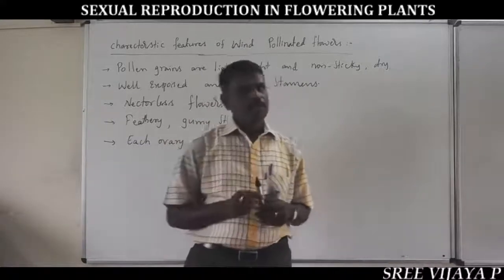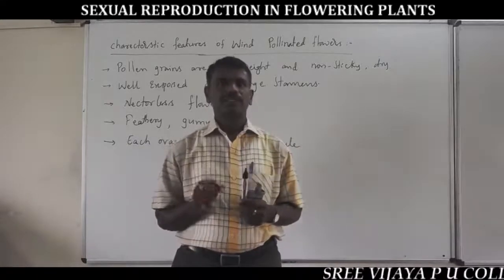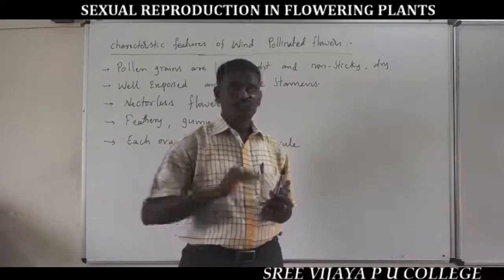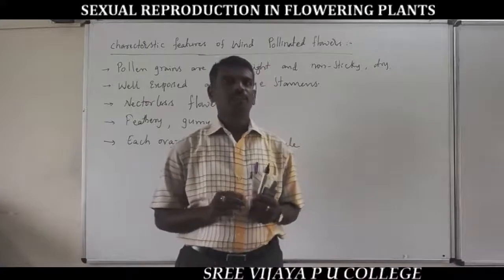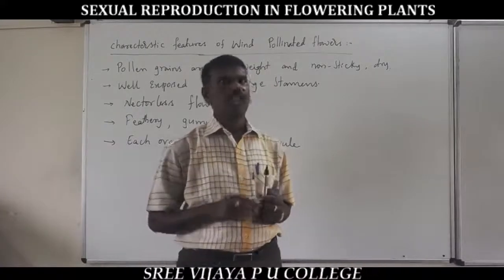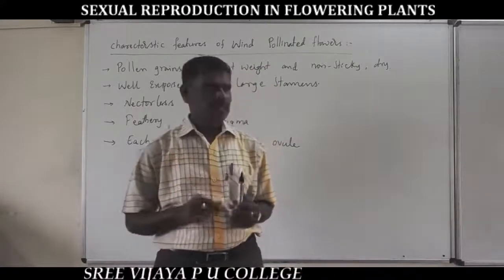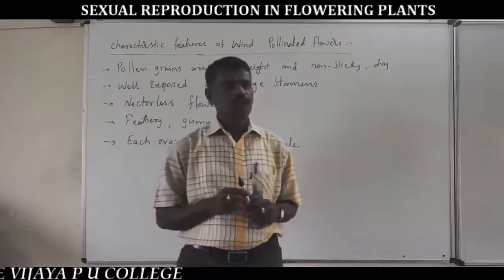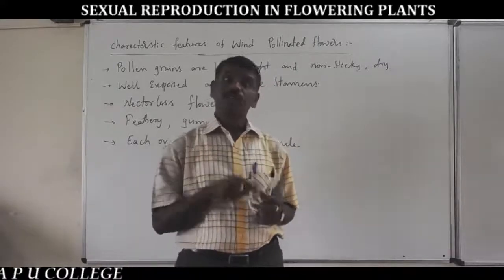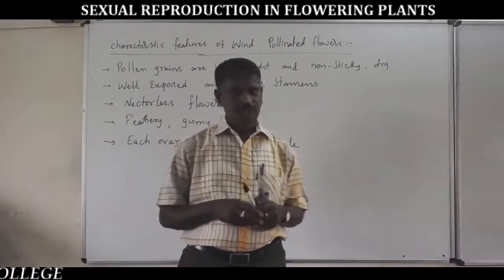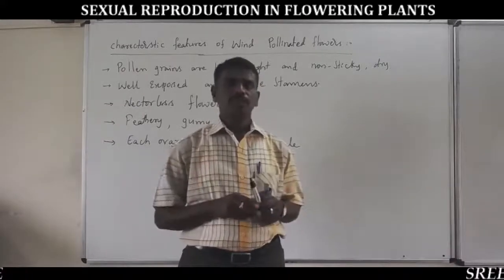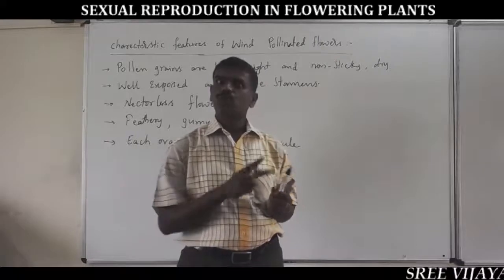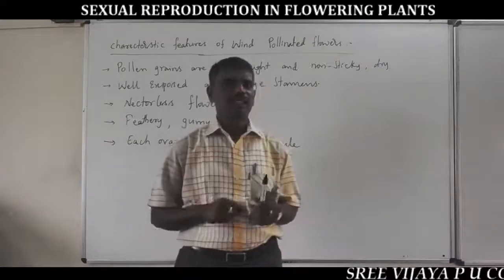Transfer of pollen grains from anther to stigma of another flower present on the same plant, that is pollination between two flowers of the same plant, is called geitonogamy. Transfer of pollen grains from anther to stigma of another flower present on a different plant, that is pollination between two flowers of two plants, is xenogamy.